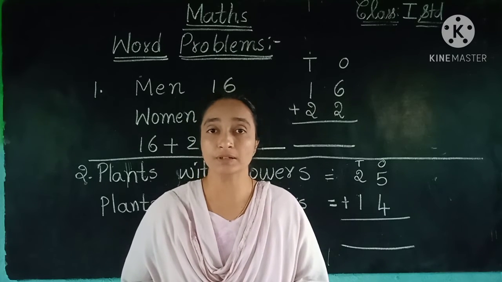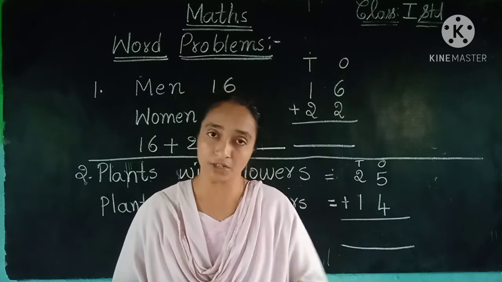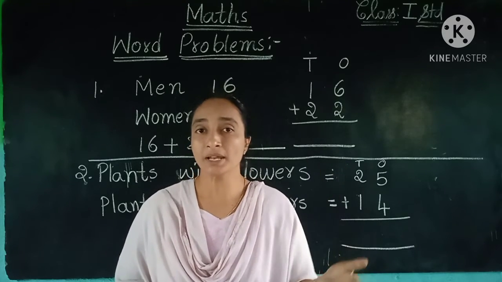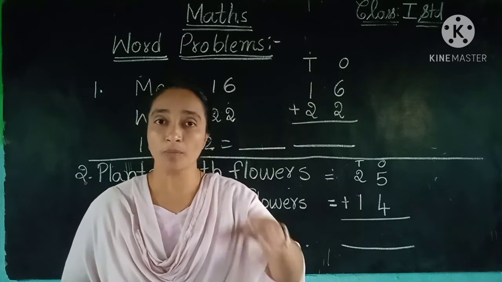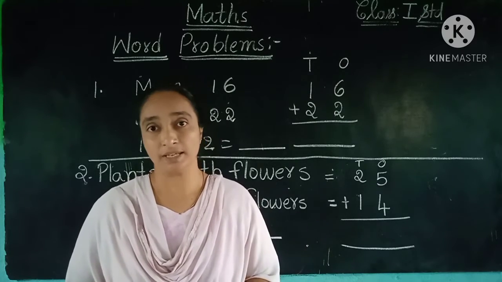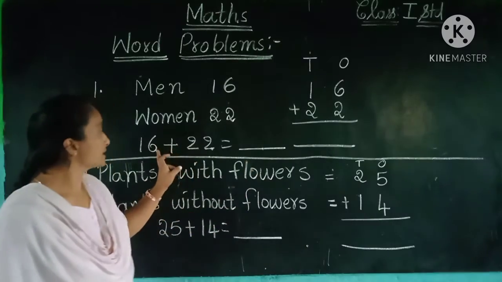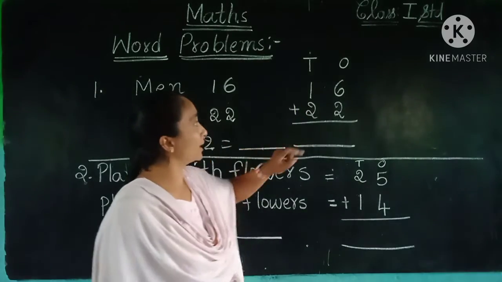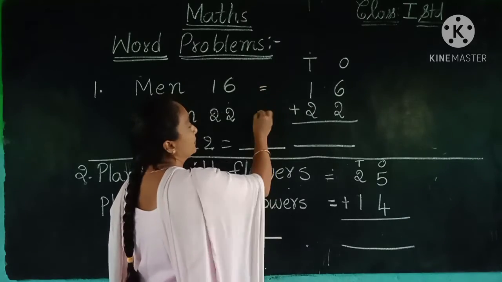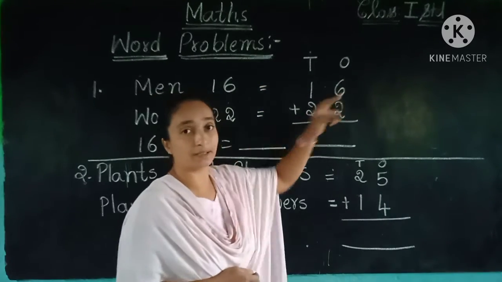So what we have to do, children? Yes, addition. People in all means addition only we have to do. So the men and the women, if you add, then we can find out the total people very easily. So we can write like this, children: 16 plus 22 is equal to. How many men are there in a park? 16.